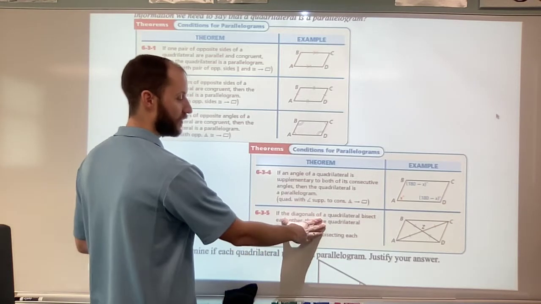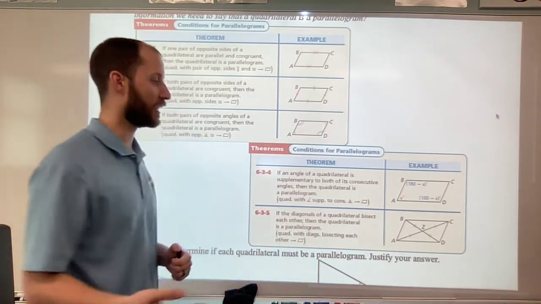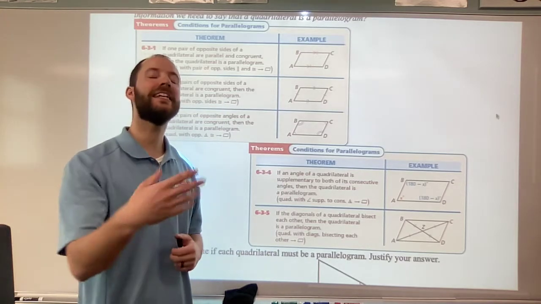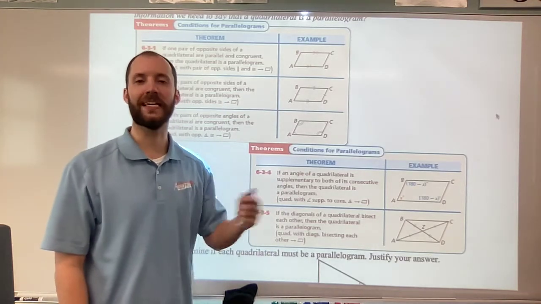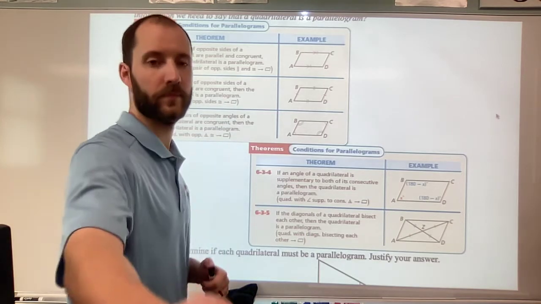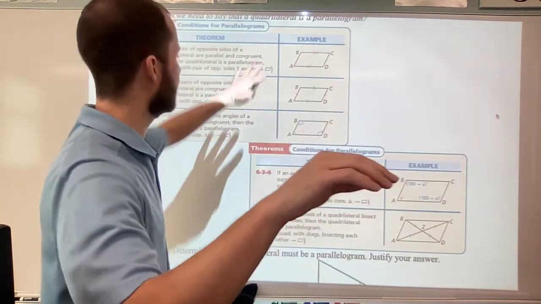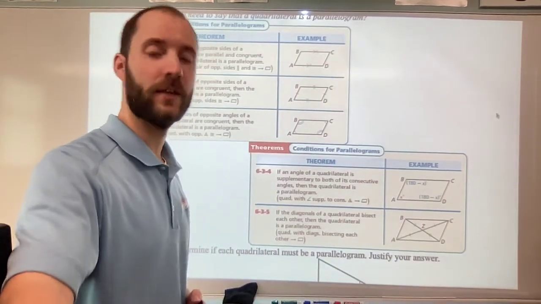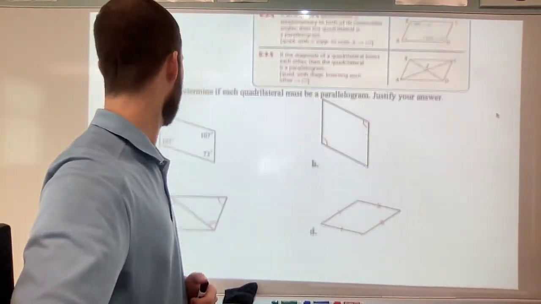Then also, if the diagonals of a quadrilateral bisect each other, that is then enough information to say it's a parallelogram. So kind of looking at these cases, do any of these cases apply to any examples we're looking at?